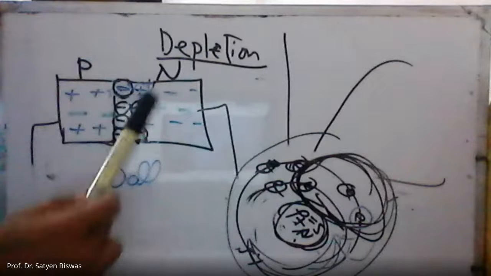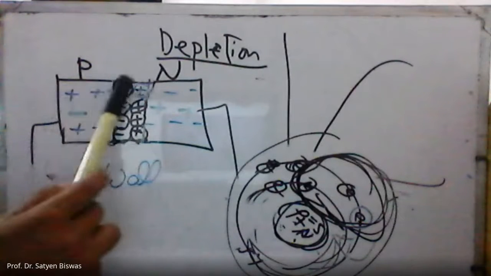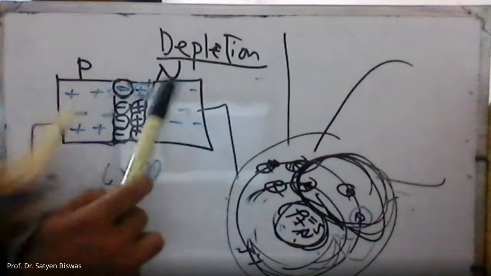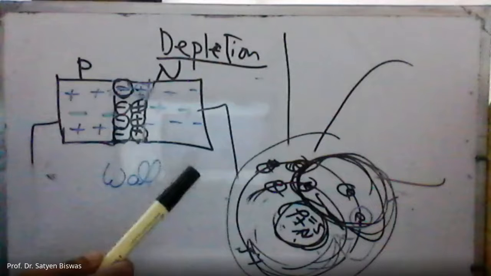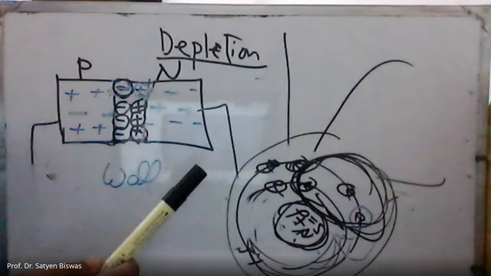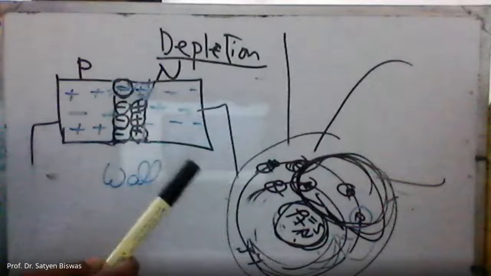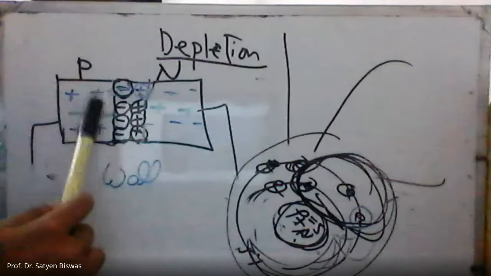So these two actually move this one away from here, and this one will actually leave. Move each other away. Understand? Yes, sir. So this is the way it stops the movement of the other free electrons and holes from one side to the other side.